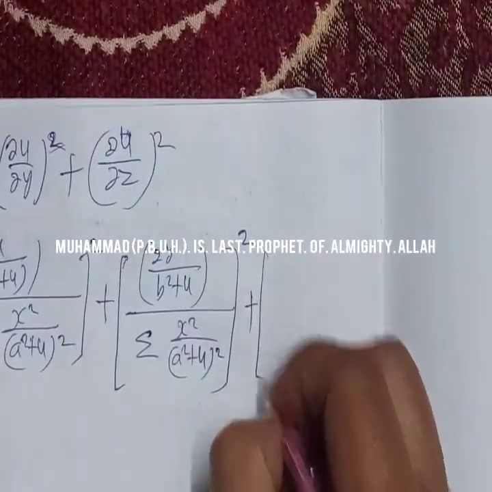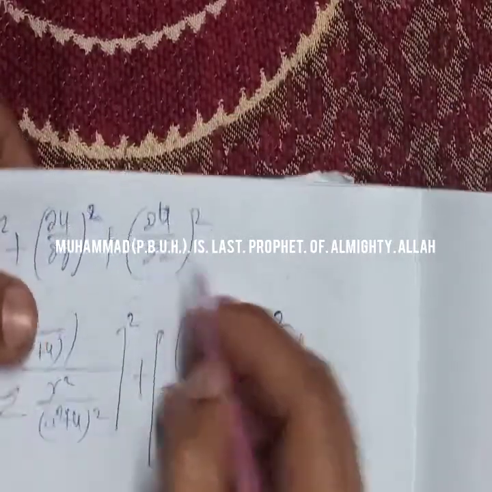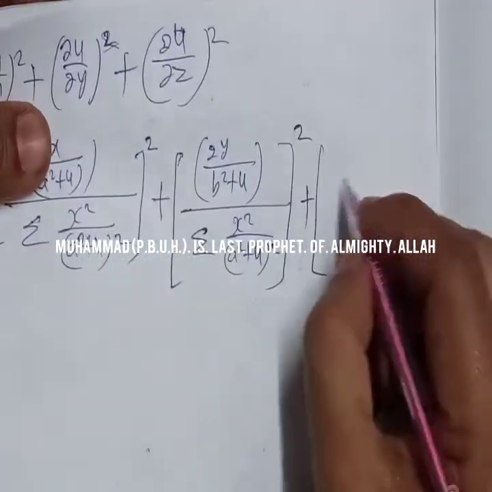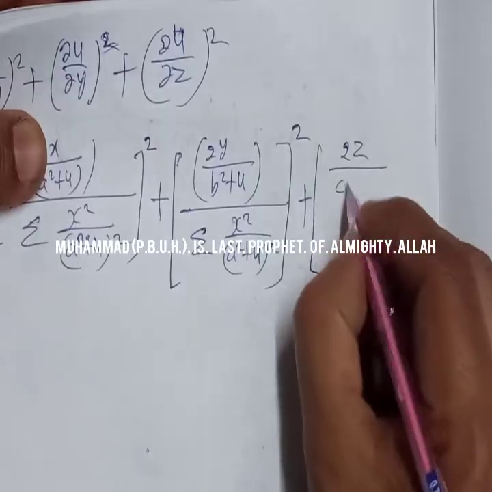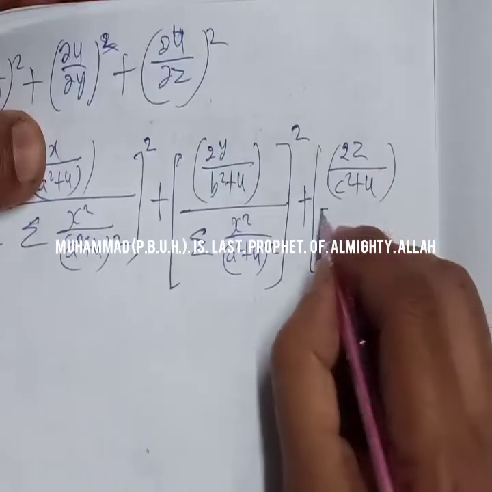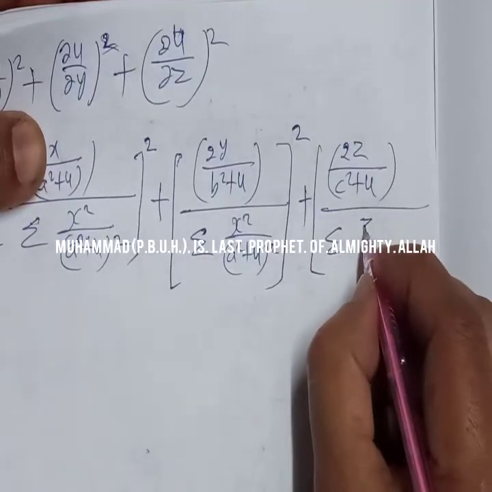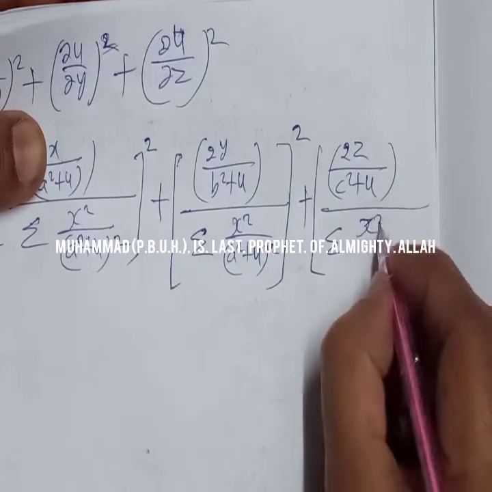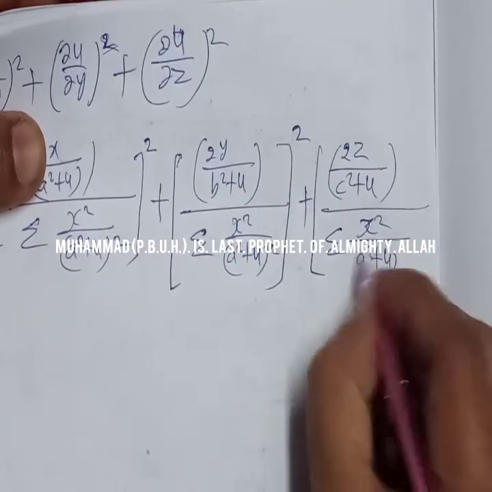And now we will write this value, which is equal to 2z upon c square plus u upon sigma x square upon a square plus u whole of square.